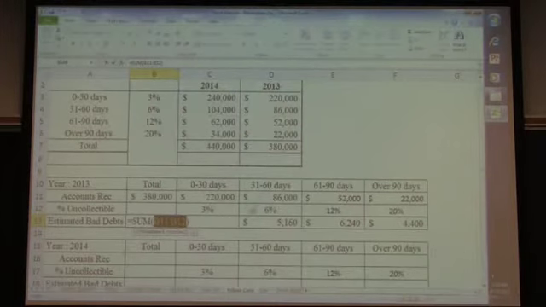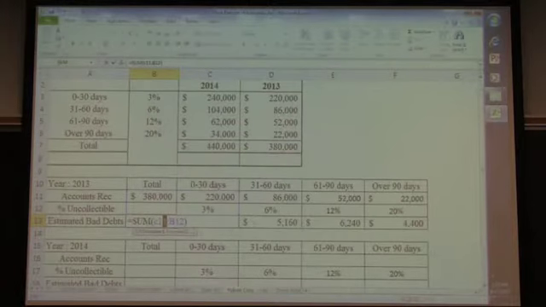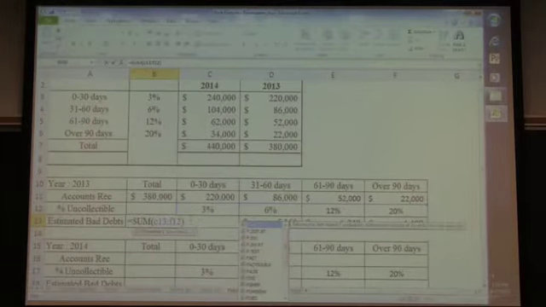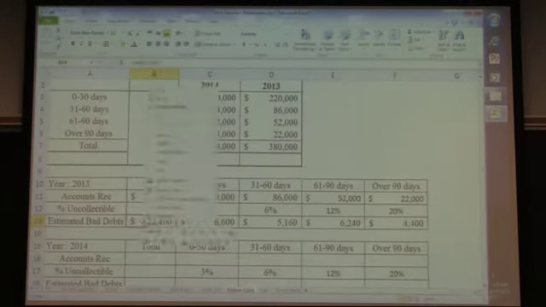So my total would end up with $22,400. This is what I would need to come up with.